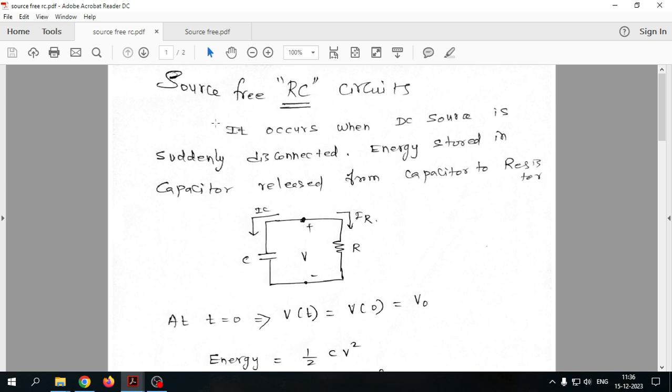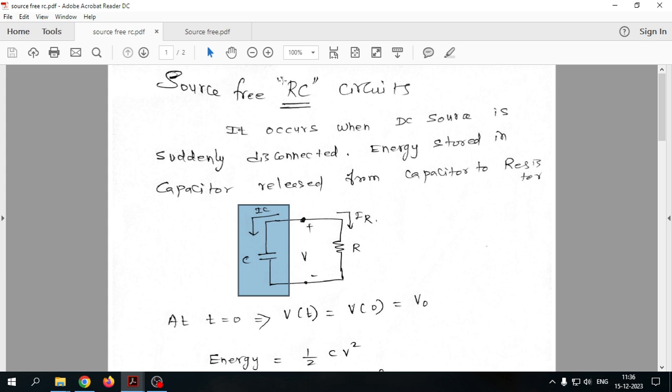As we mentioned, a source-free RC circuit occurs when the DC source is suddenly disconnected from the circuit. Till the point when the DC source is suddenly removed, the capacitor in the circuit is charging to its maximum value.